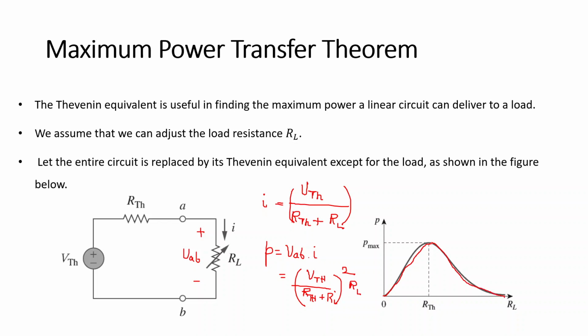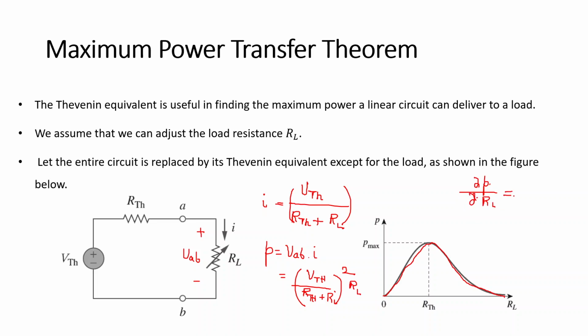The maximum power transfer occurs when the load resistance equals the Thevenin resistance. This we can also prove mathematically. How? Let's see. We can take the derivative of the power with respect to the load resistance RL.